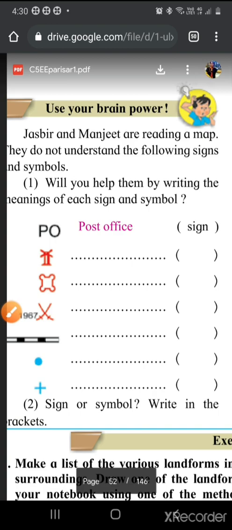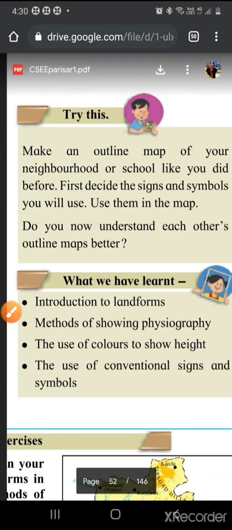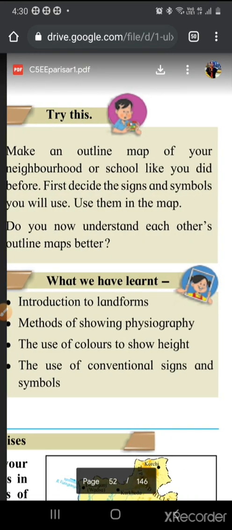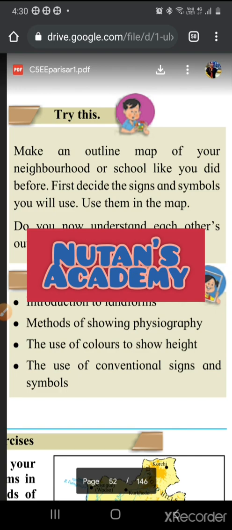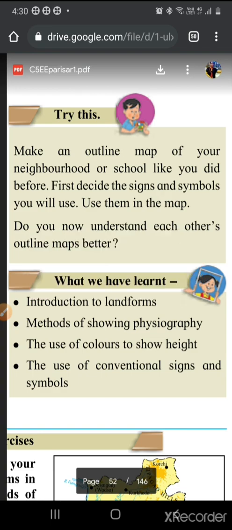Now come to the next paragraph. Try this. Make an outline map of your neighborhood or school like you did before. First, decide the signs and symbols you will use. Use them in the map. Do you now understand each other's outline maps better?